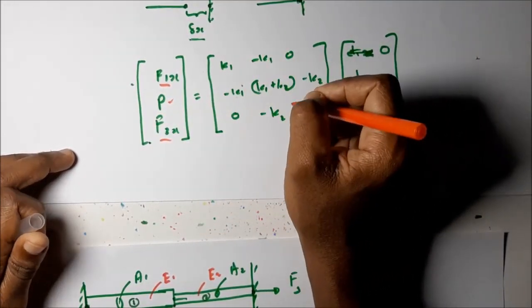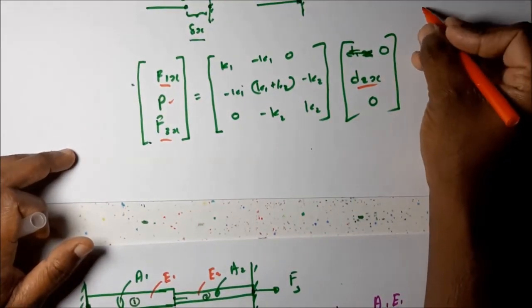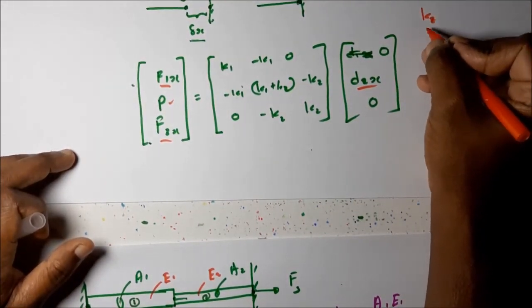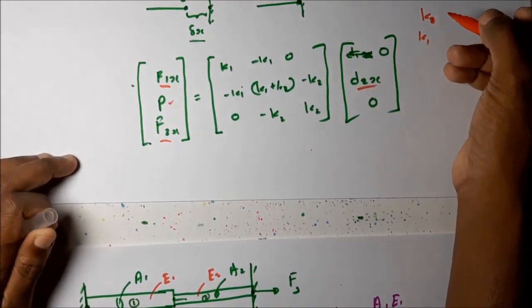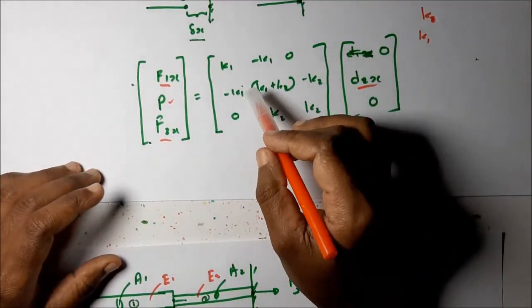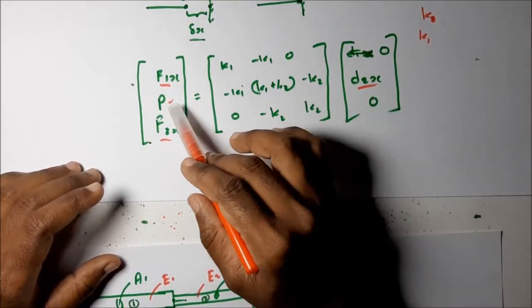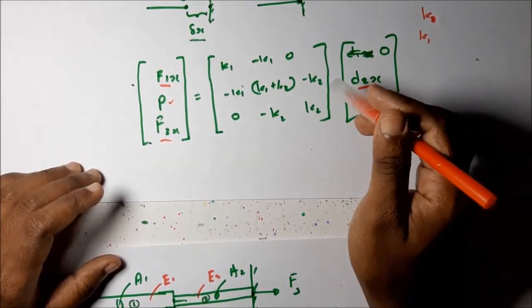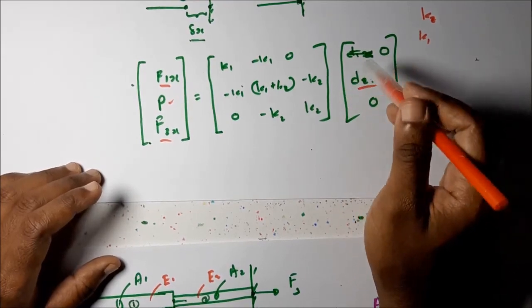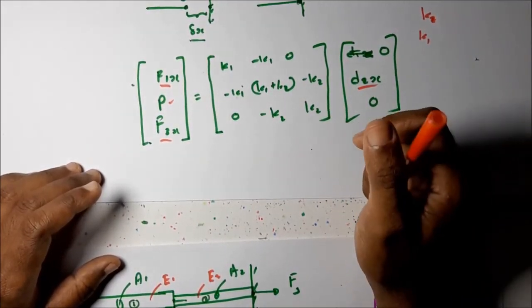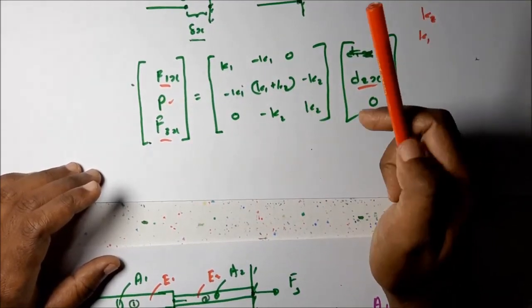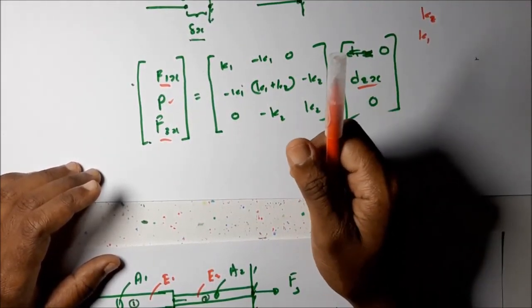The k1 and k2 are known values, the properties of the bar elements, meaning the stiffness of each bar element is known. So we have three unknowns and three equations, and we can easily calculate d2x, F1x, and F3x.